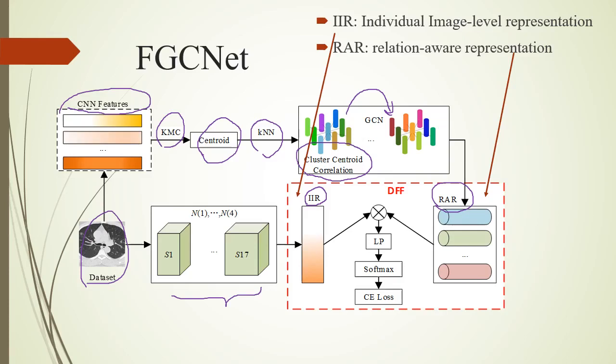Both groups of features will be multiplied element-wise by a deep feature filling strategy, and then the multiplication result will be passed into a linear projection followed by a softmax, and finally a cross entropy loss here.